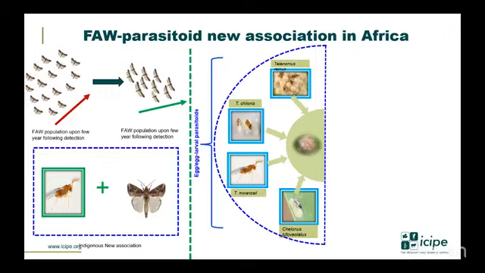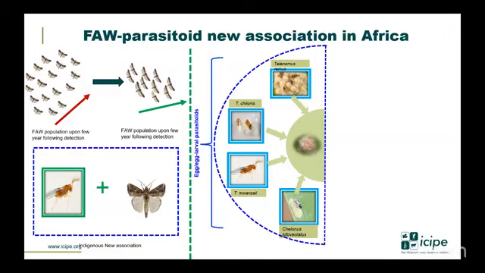So we went ahead to find out what could be, among this very high diversity, the parasitoids that formed new associations with fall armyworm. We found several egg parasitoids: Telenomus, which even though it was not native to Africa, had been imported earlier, so it formed a new association with fall armyworm; different species of Trichogramma; and Chelonus also.